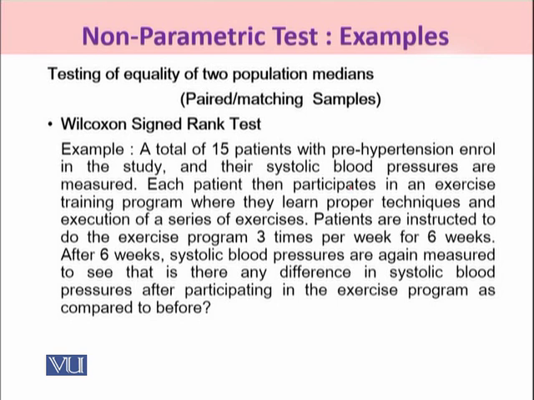Patients are instructed to do the exercise program 3 times per week for consecutive 6 weeks. After 6 weeks, systolic blood pressures are again measured to see whether there is any difference between the systolic blood pressures after participating in the exercise program as compared to before.